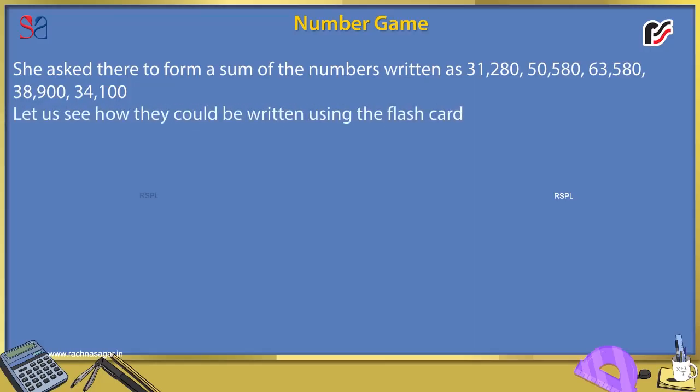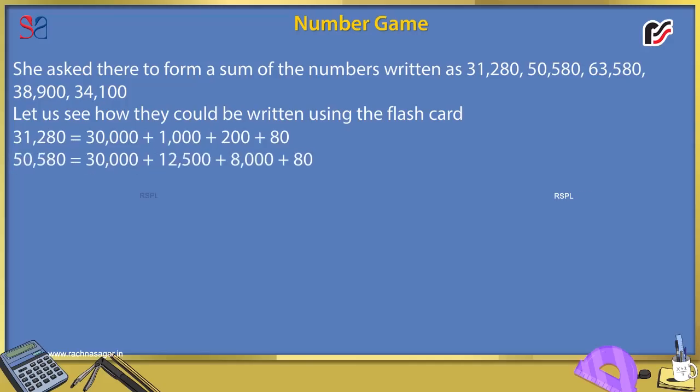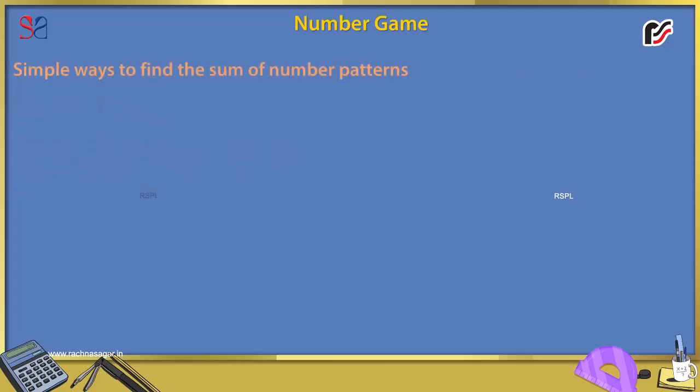Let us see how they could be written using the flashcards. 31,280 is equal to 30,000 plus 1,000 plus 200 plus 80. 50,580 is equal to 30,000 plus 12,500 plus 8,000 plus 80. 63,580 is equal to 30,000 plus 21,000 plus 12,500 plus 80.